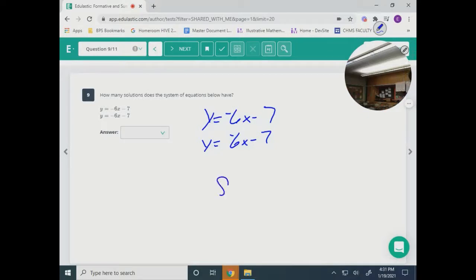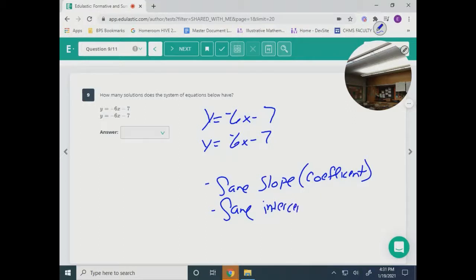Same slope, remember, I've been using the word coefficient, and the same intercept. The other word I've been using for an intercept is that number that's all by itself, the constant.